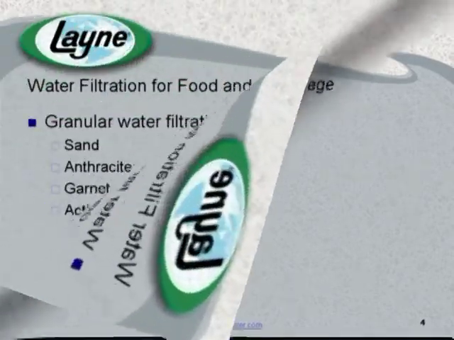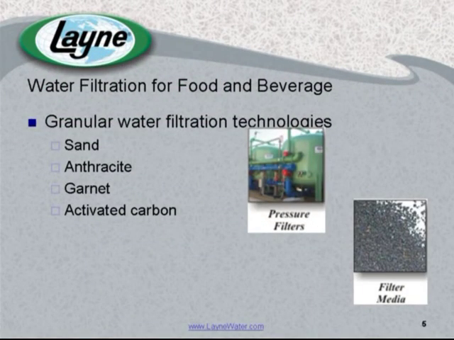We're talking about filtering with sand, maybe anthracite, garnet, activated carbon if you're looking for odor or chlorine removal. These can then further be divided into, are we talking about a gravity application or a pressurized filter application?